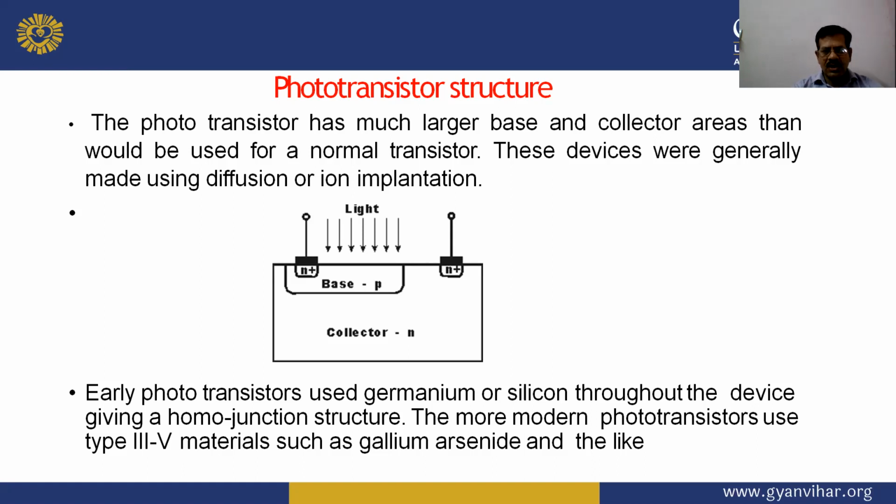The more modern phototransistors use type 3 and 5 materials such as gallium arsenide. These are type 3 materials, and phosphorus is an example of a type 5 material.